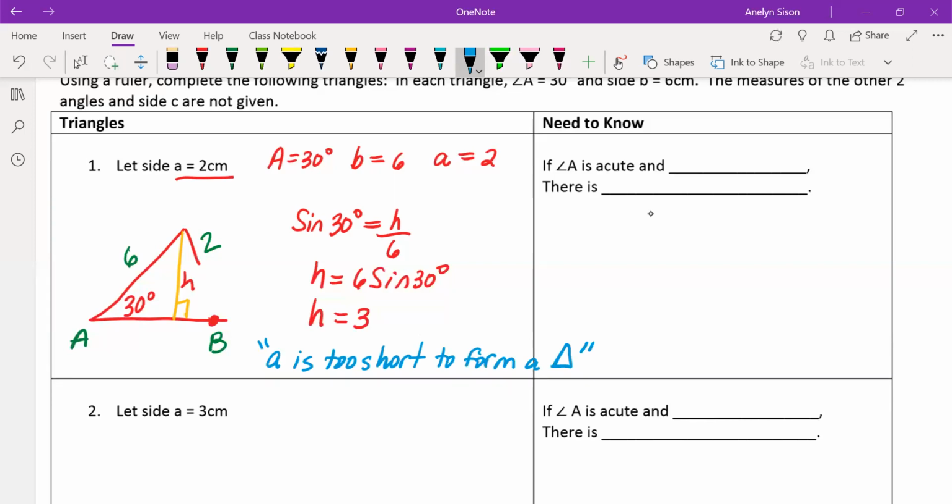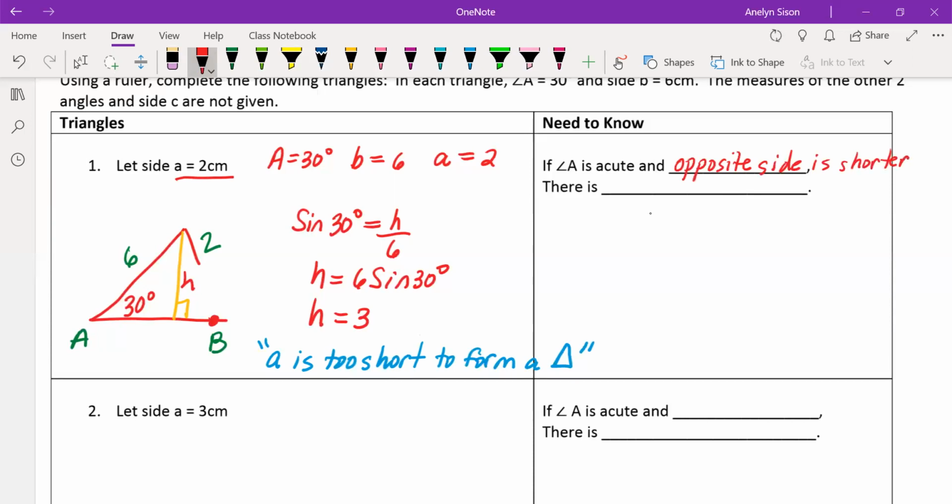So now let's go back and look. So in this case then, if angle A is acute and the opposite side is smaller than the what? Is shorter.